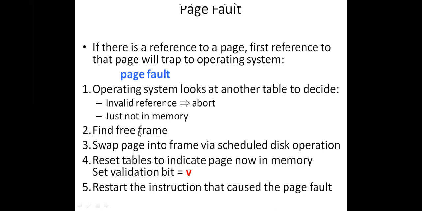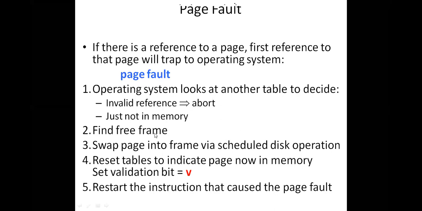If the free frame is available, then the operating system will swap a page into the frame via a disk operation. Disk operation means from a disk we need to copy the page and keep it in the free frame. Why disk operation? Secondary memory means disk. Backing store is nothing but a disk here. So we need to check for the page in the disk, take the page from the disk and keep it in the main memory free frame.